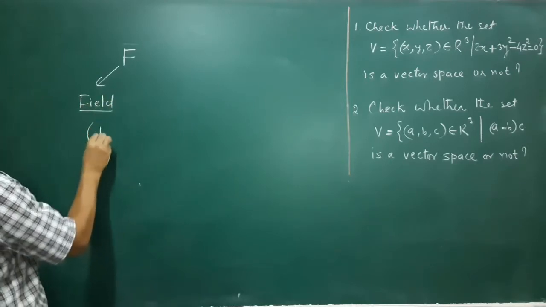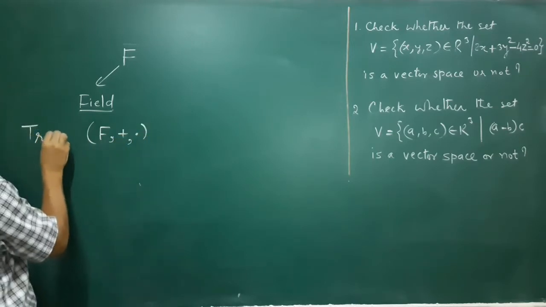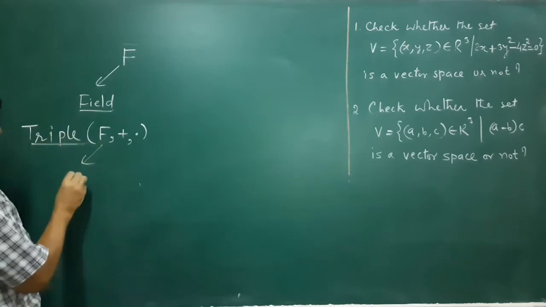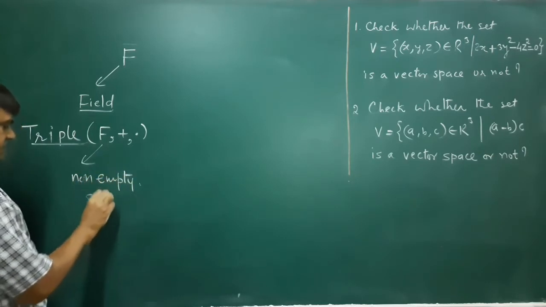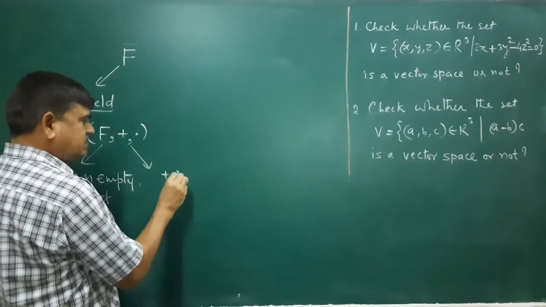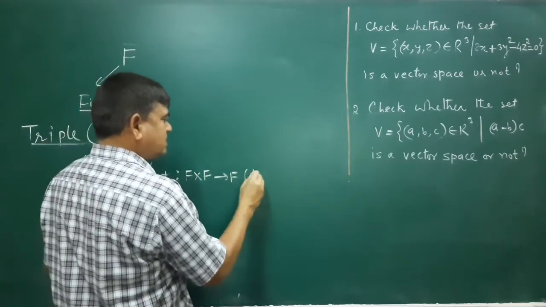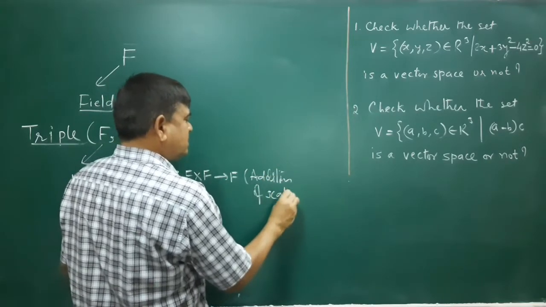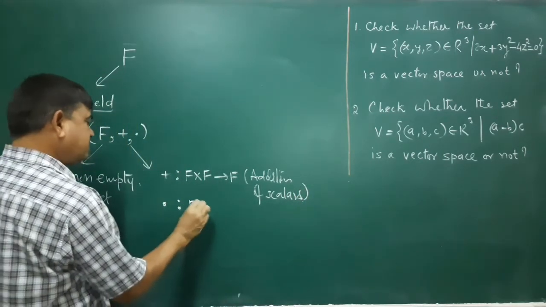That means it is a non-empty set with internal binary compositions, F cross F to F. Addition of scalars and dot, again internal.